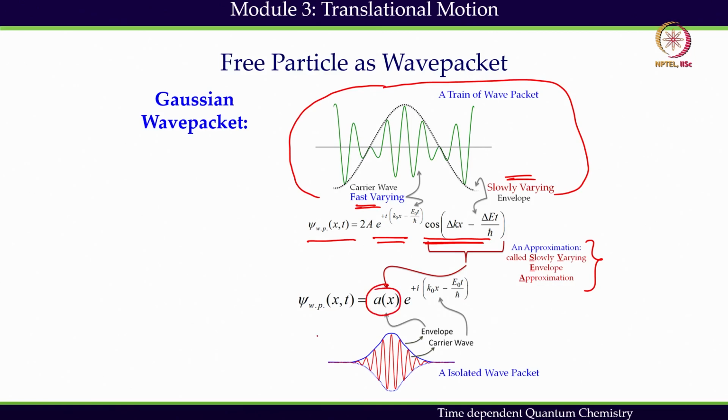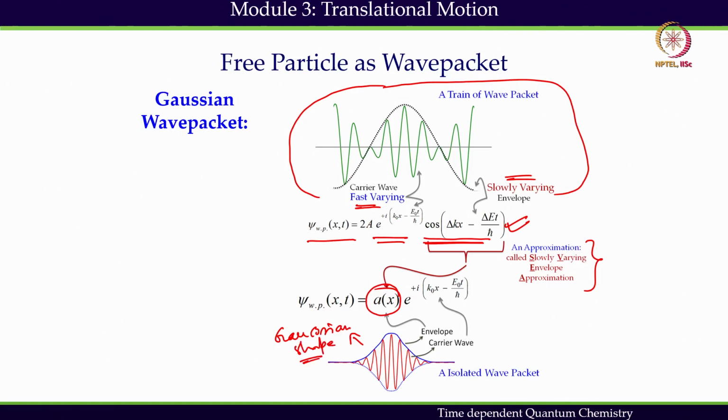It is actually an envelope function, but instead of considering a plane wave form, I can assume a certain shape of that envelope function. In this case, I have considered a Gaussian shape. Why am I interested in Gaussian shape?